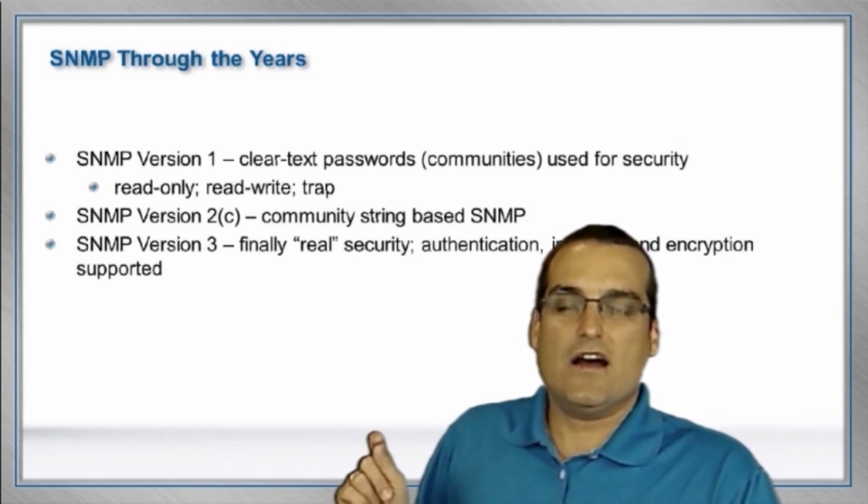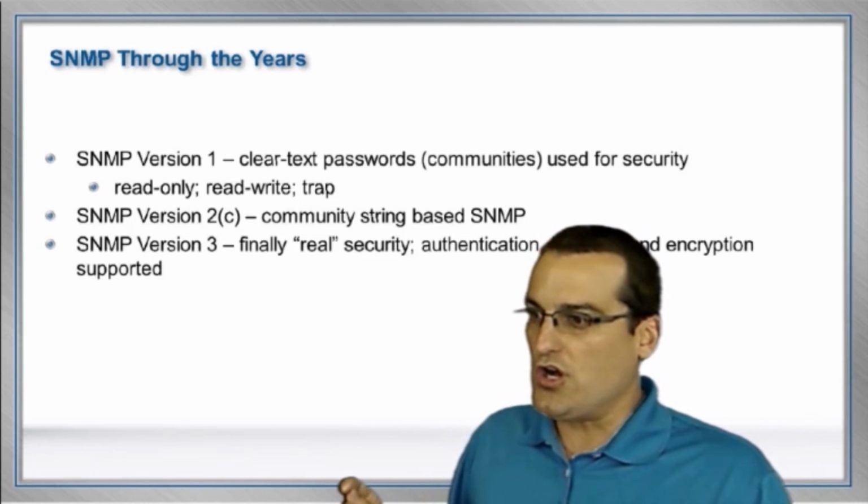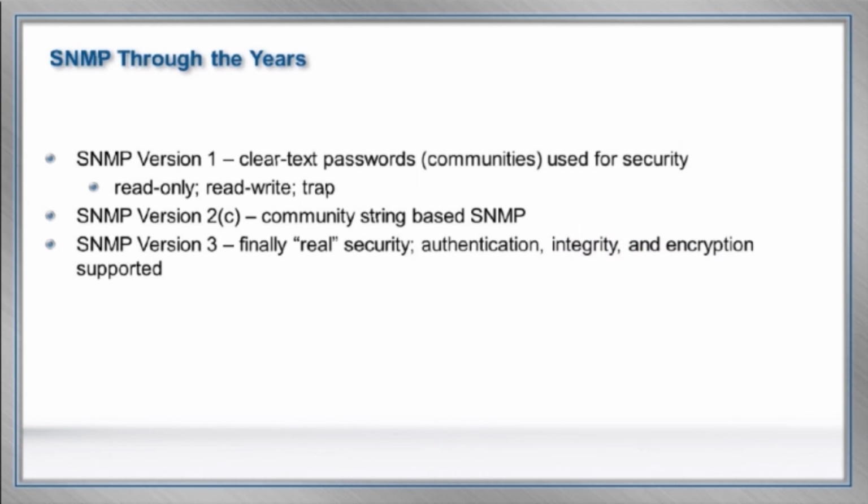Version 3 of Simple Network Management Protocol finally introduces security. As a matter of fact, SNMP version 3 allows for authentication, ensuring you're exchanging the information with the correct entity, integrity, ensuring that the information isn't changed in transit, and also encryption, making sure the information is not read as it is sent over the network infrastructure.